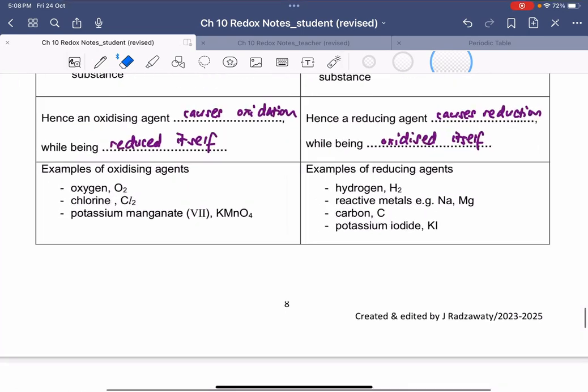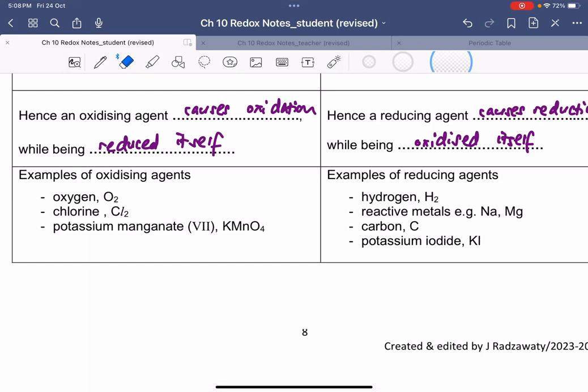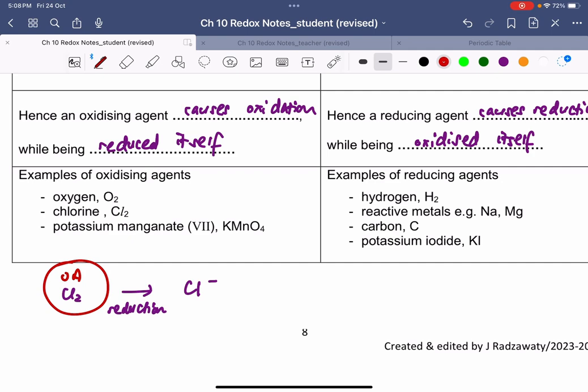So another way to help you explain is that, for example, in this case, this is my oxidizing agent. My chlorine will change to chloride. This is a reduction itself. If it's a reduction, it is an oxidizing agent here.